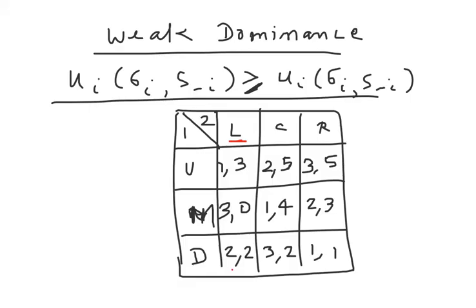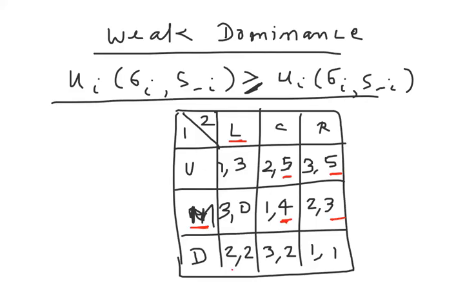And similarly, let's look at strategies C and R. Here, when player 1 chooses up, there's a tie between C and R for player 2, because player 2 will end up getting 5 and 5. But if player 1 chooses M, then C is better than R, because C results in 4 for player 2, and R results in only 3.